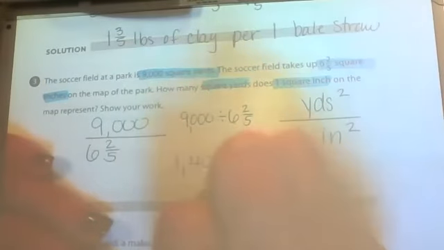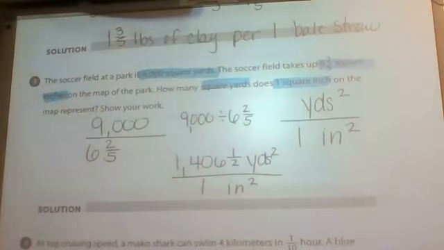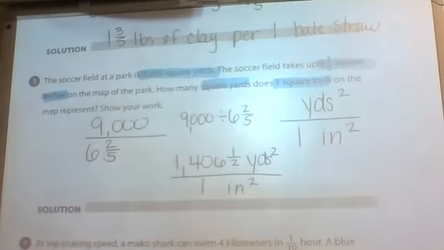So this comes out to be 1,406 1/4 yards squared per 1 inch squared. That's what that means. Basically, the soccer field just takes up this amount of the whole thing.